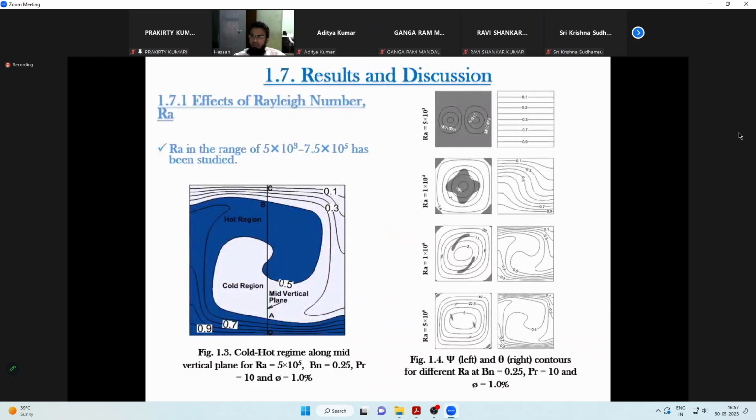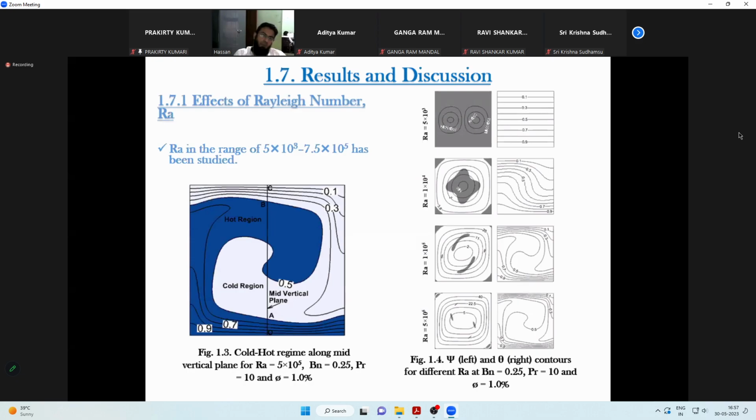Now, let us discuss the results. A lot of computations and simulations were carried out for a wide range of Rayleigh number, Bingham number and Prandtl number, and they have been summarized here for the sake of convenience. The concise results are being presented.